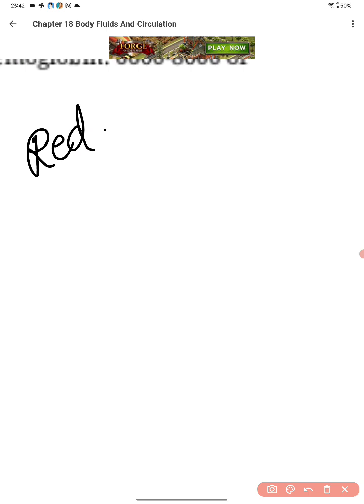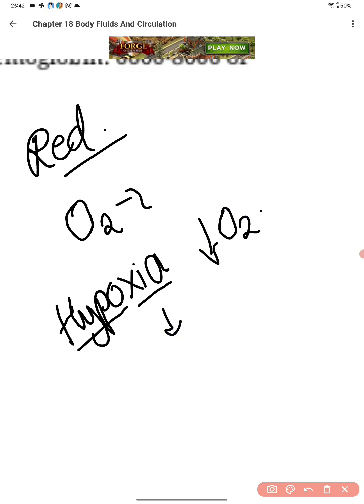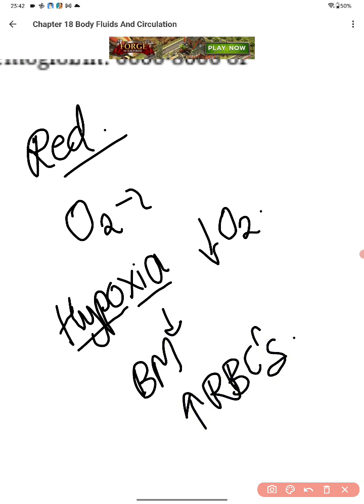It is because they are living in the hilly areas. Oxygen is reduced in the blood, because of which there is hypoxia. Hypo means less, oxia means oxygen, so there is less oxygen in the blood, which stimulates your bone marrow to produce more RBCs. That's why these people look pinkish red.